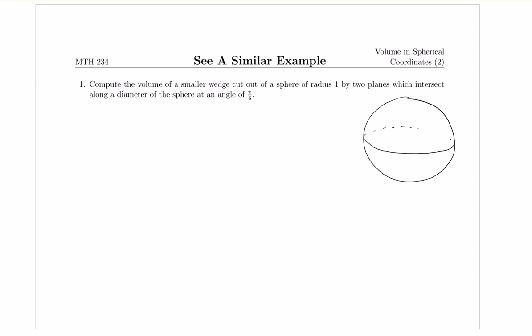And let's do something else that's nice. Let's suppose that the intersection of the two planes, which has to be a diameter, is just the piece of the x-axis that goes through the sphere, so the x-axis from -1 to 1.